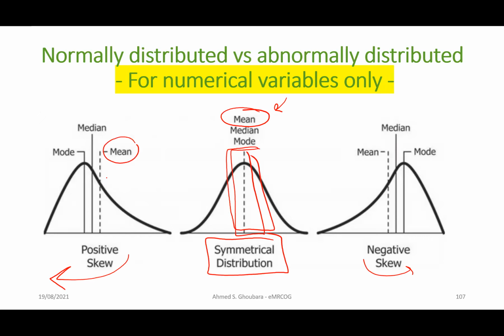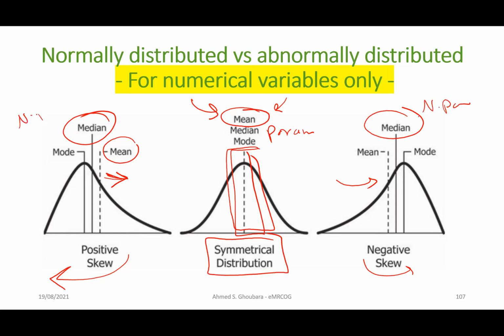Here the mean is not representative of the central tendency, as well as the other one. So we need to use something else to represent the central tendency, which is the median. If you want to use the mean, that's a parametric test. If you want to use the median, it could be a non-parametric test. Because here, the median is much better at representing the data and the central tendency than the mean for not normally distributed distributions.